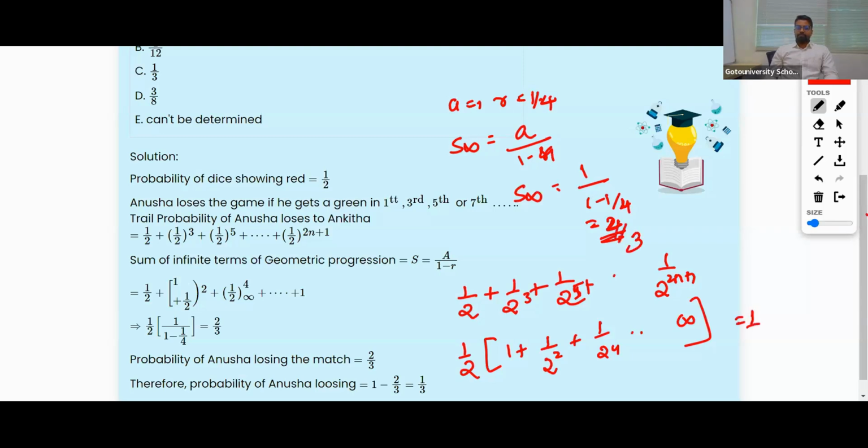So our answer will become 1 by 2 into 4 by 3. So 2 ones are 2, 2 twos are 4, and the chance of Anusha losing the game is 2 by 3.